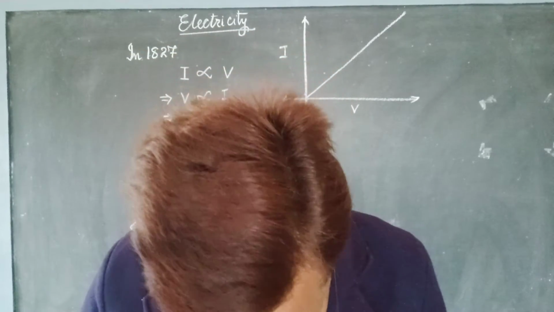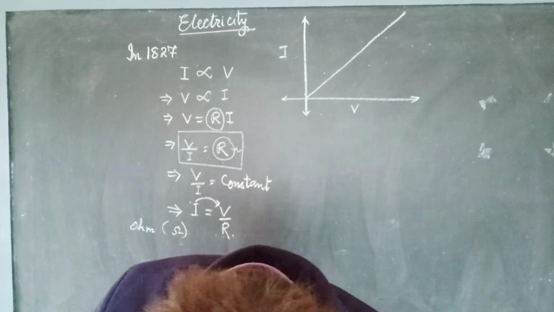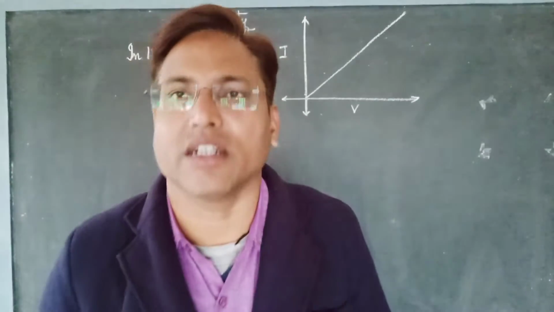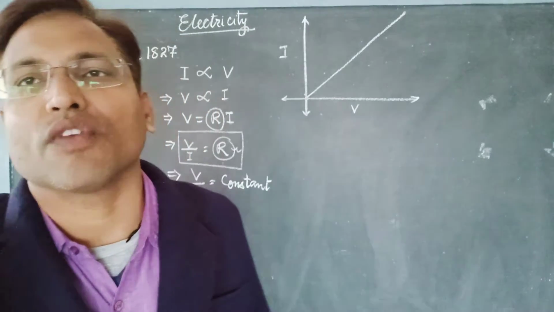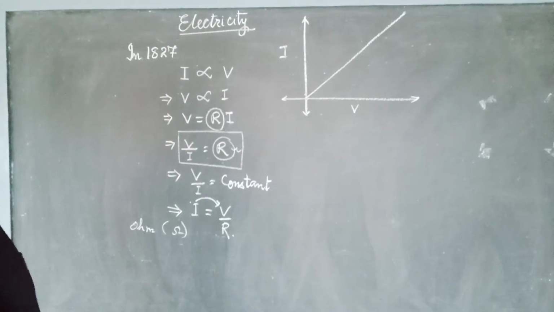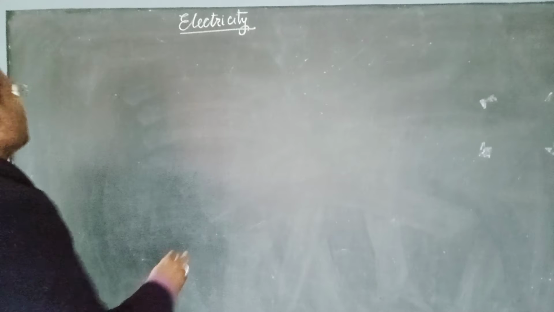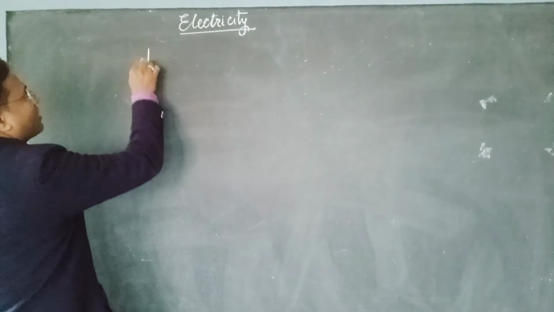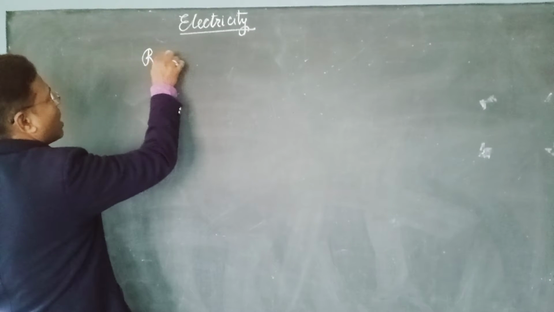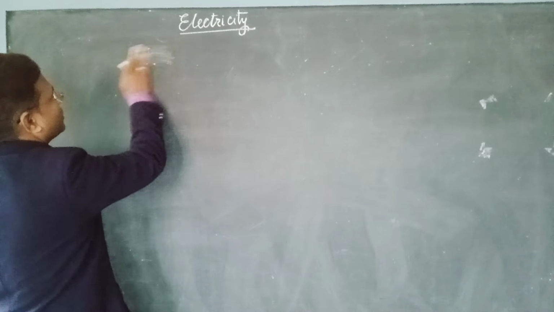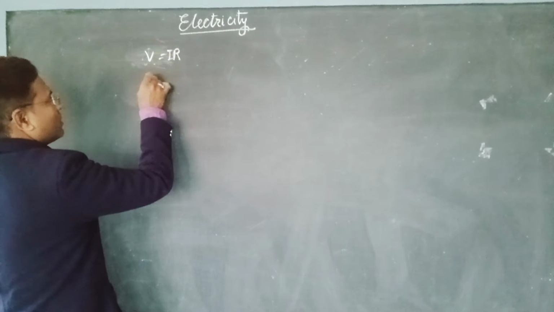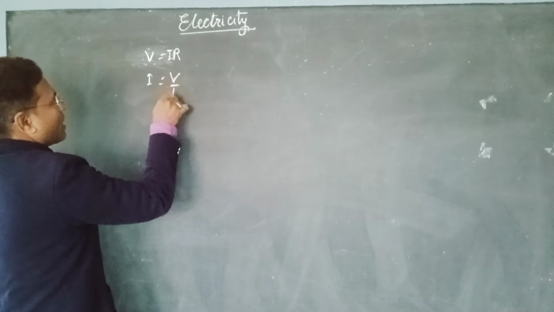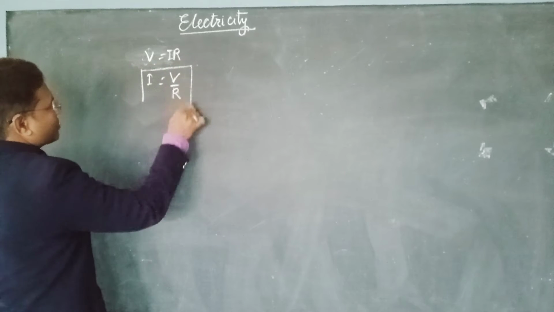Now next part, factors affecting the resistance of a conductor. What are the factors on which the resistance of a conductor depends? Before going to that, let me tell you, we have studied V is equal to IR, that means I is equal to V by R. This relation we have seen.